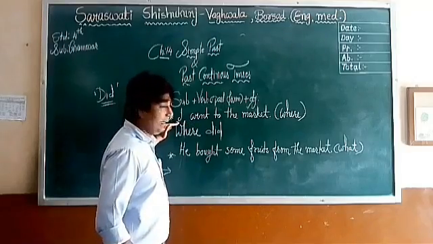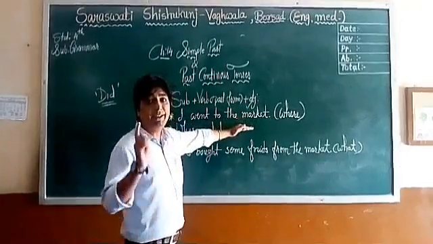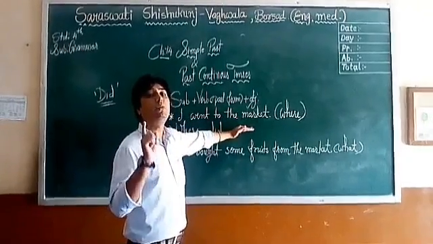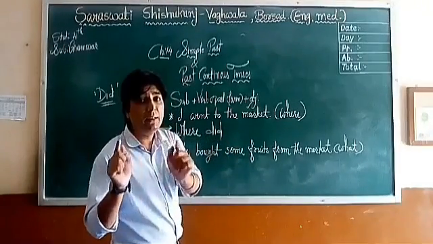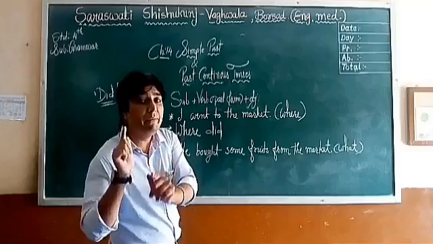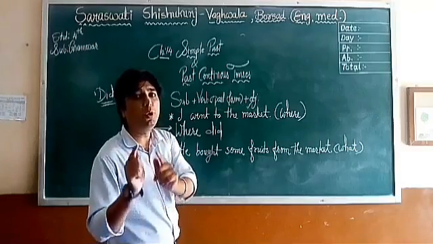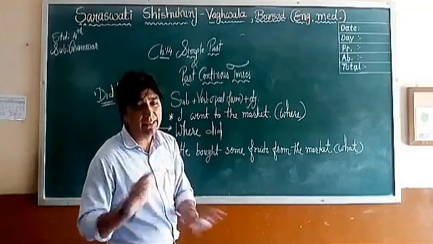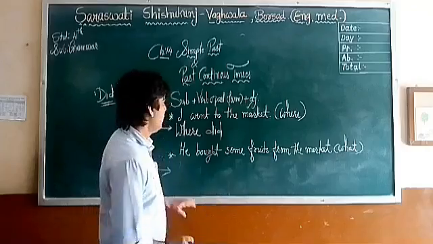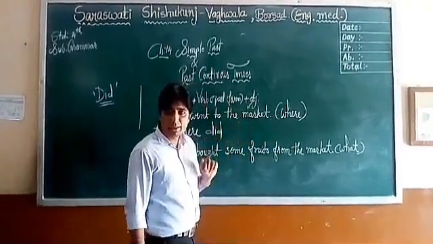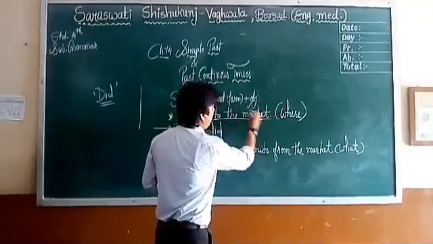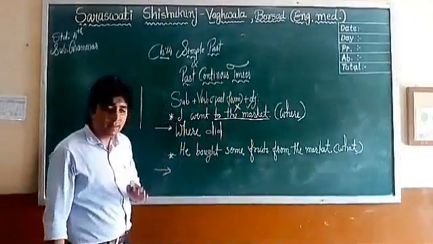Then you have to start writing from here. Make sure that you don't have to write the answer. That is the proper place where you have to be very careful. Okay, you don't have to mention the answer, otherwise it is wrong. Which place? To the market. So to the market we will not write.